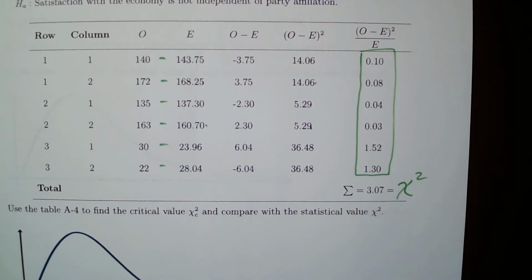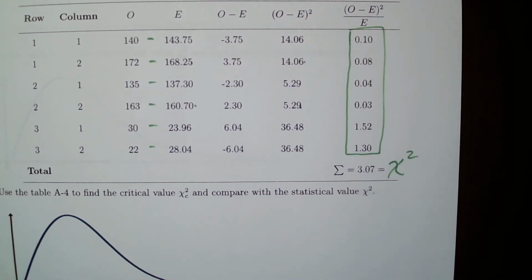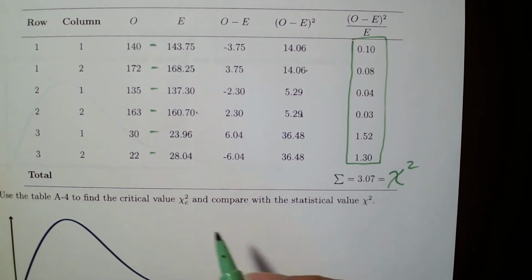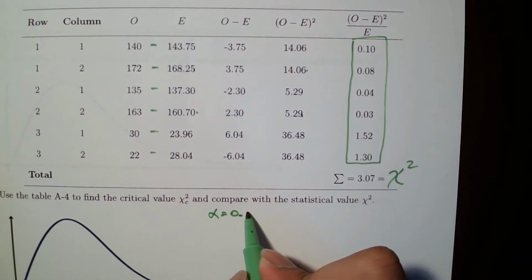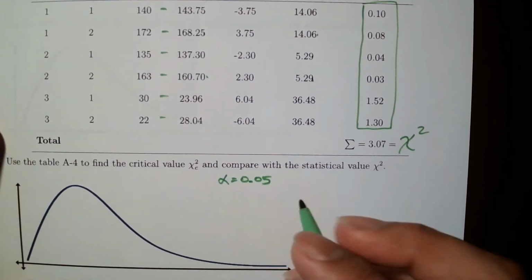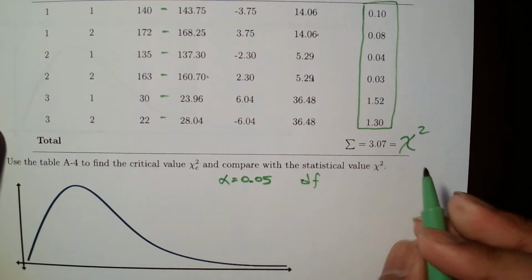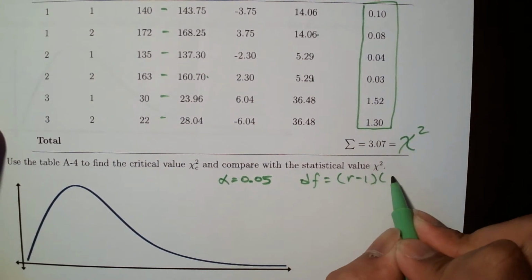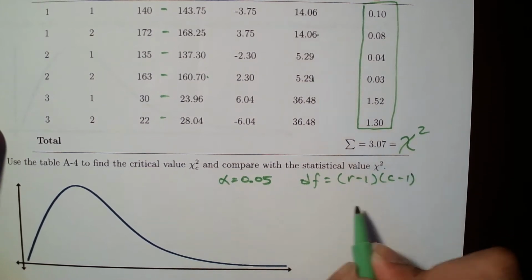All right. Well, we need to find the critical value first. In this case, what are we going to have? Alpha equals 0.05, and then pay special attention to the degrees of freedom calculation. The degrees of freedom calculation is the number of rows minus 1 times the number of columns minus 1.